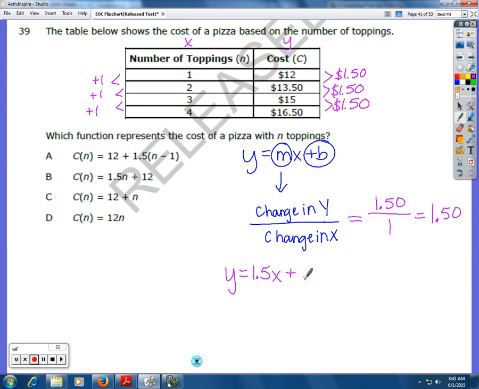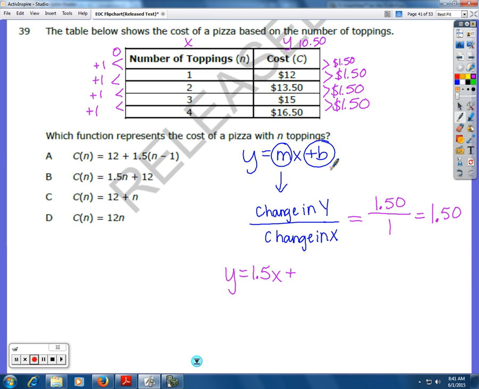Now I know that my y-intercept, my b, is whatever y equals when x is 0. So if you look over here at x, it's going down 4, 3, 2, 1. If I go down to 0, the number of toppings are 0, then that means I'm going to go down 1.50 over here. So when my toppings are 0, my price is $10.50 if you subtract 1.50 from 12.